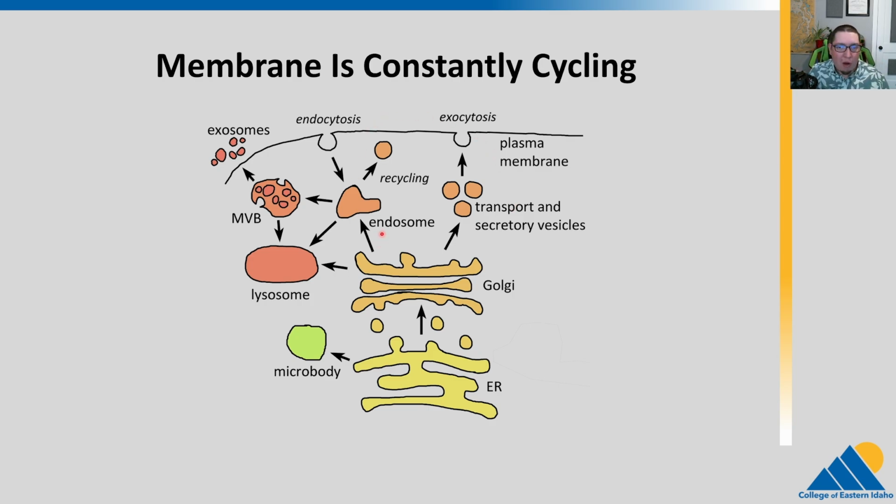That's the beauty of the phospholipids, right? There are no rigid bonds holding them together, so they can break off and come back and fuse together in a very fluid system here. Okay, that is our moving things into and out of the cell.